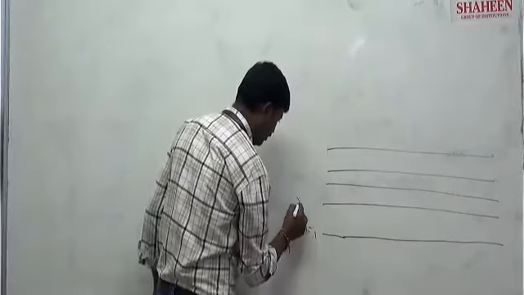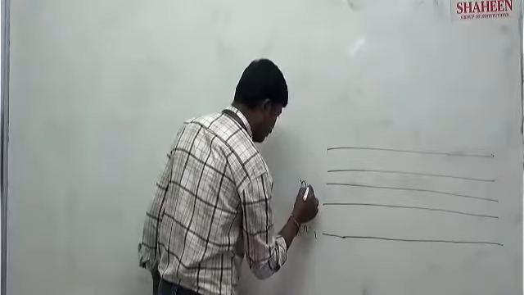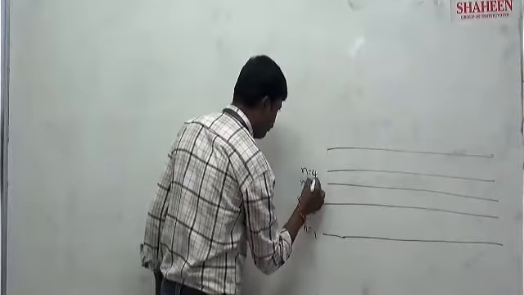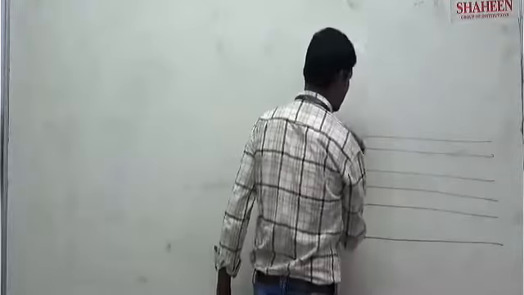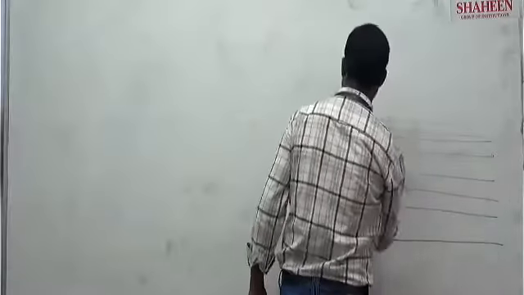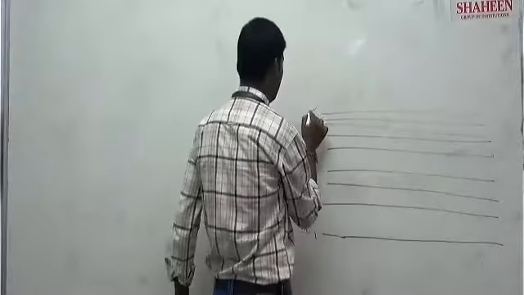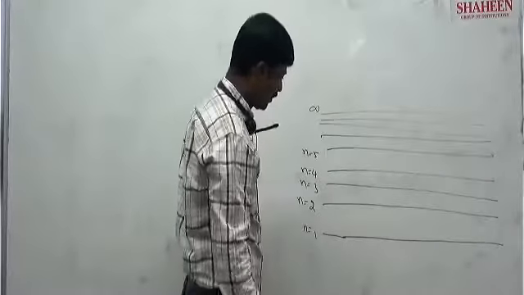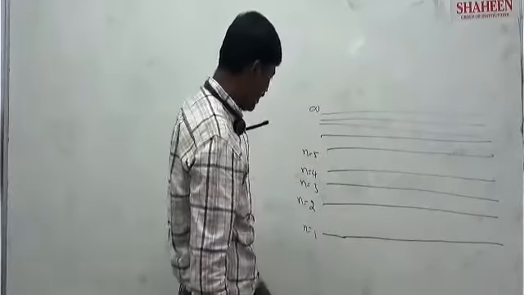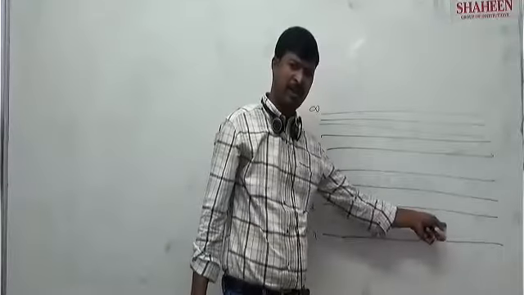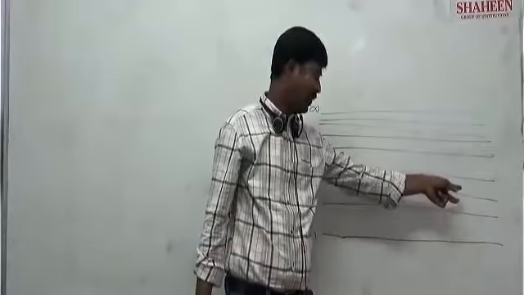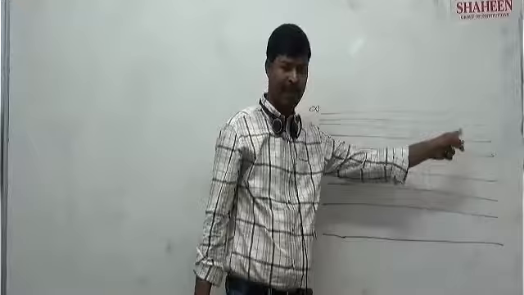N equal to 1, 2, 3, 4, 5, 6, and so on to infinity. We already discussed the energies: n equal to 1 is minus 13.6, then minus 3.51, minus 1.51, minus 0.84, like that, as we discussed yesterday.